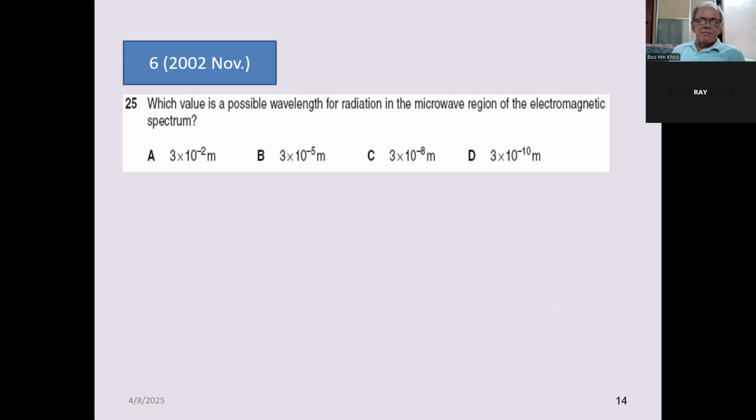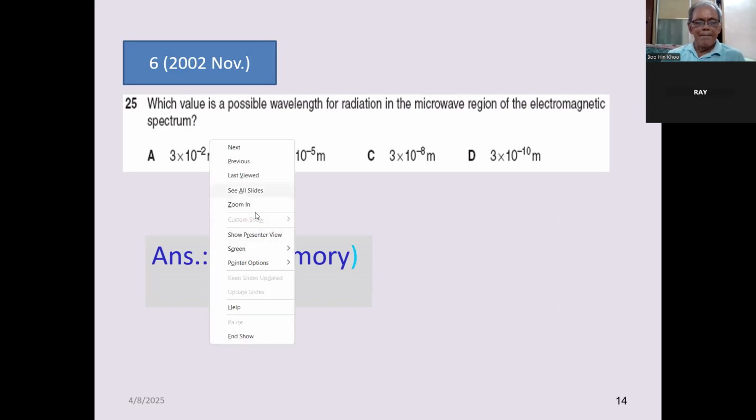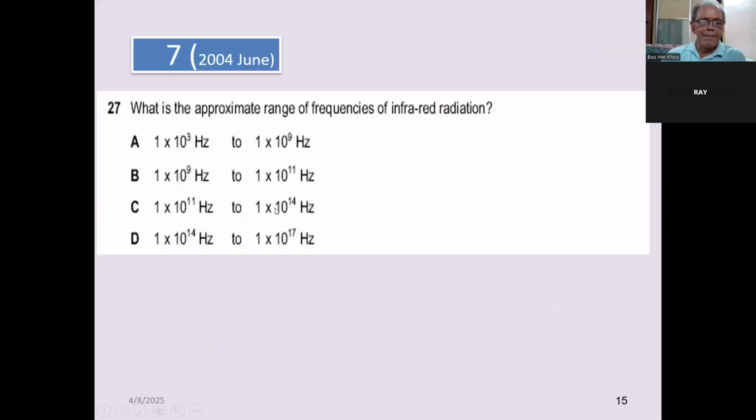Which value is possible for radiation in the microwave region? We just did that, so you should be able to remember. What's the answer? A. Memory work, nothing much. I just have to memorize the wavelength of each of the waves, like times 10 to the power of what.